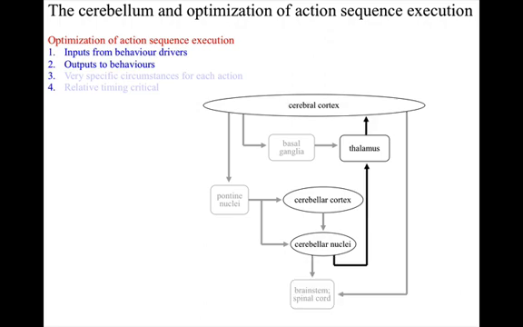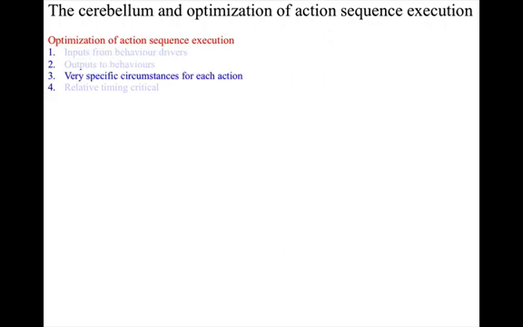Non-motor behaviors are implemented by release of receptive field detections between different cortical areas by the thalamus, and for this purpose, the cerebellum directly targets the thalamus. Rapid implementation of each action in a sequence requires receptive fields that are very, very specific to the exact combinations of different circumstances in which one action should be initiated.